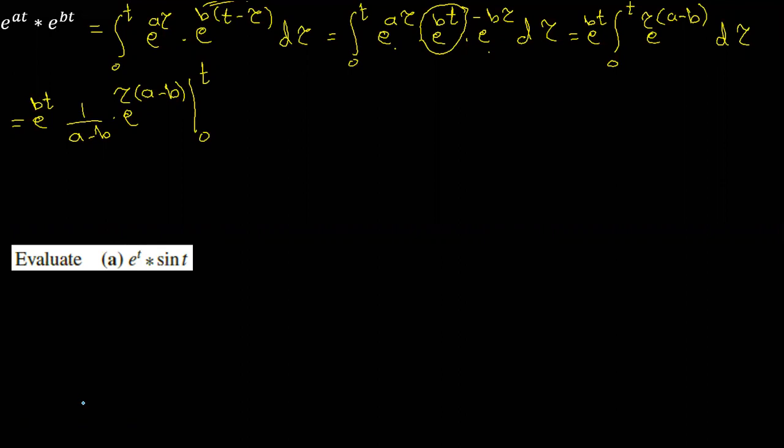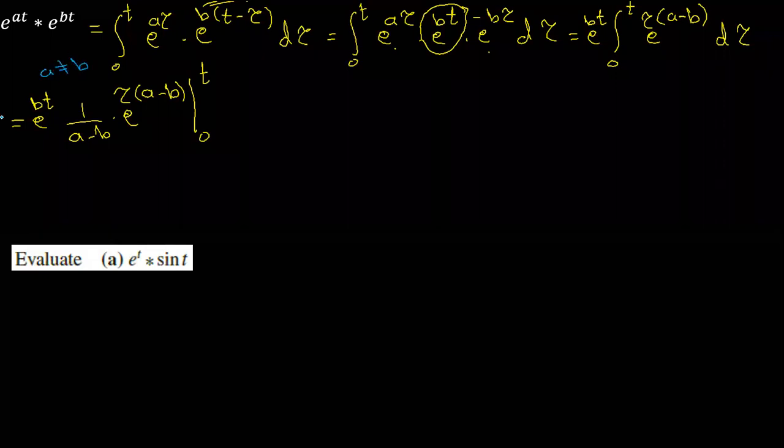What about if a equals b? Your denominator will be 0. It's impossible to let the denominator be 0. So I'm going to choose my a not equal to b.